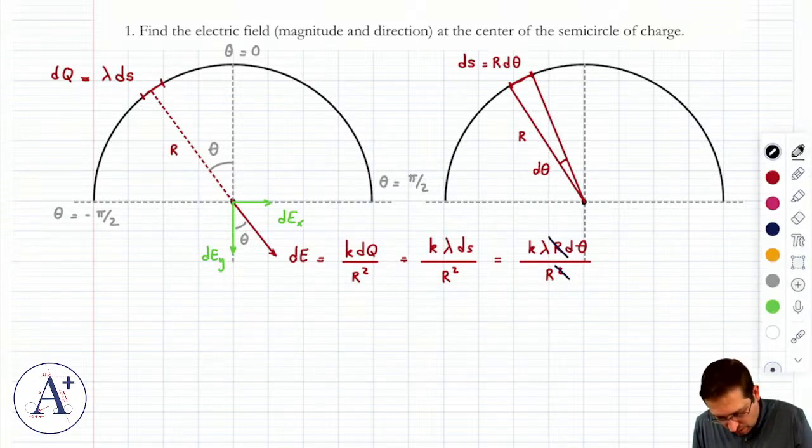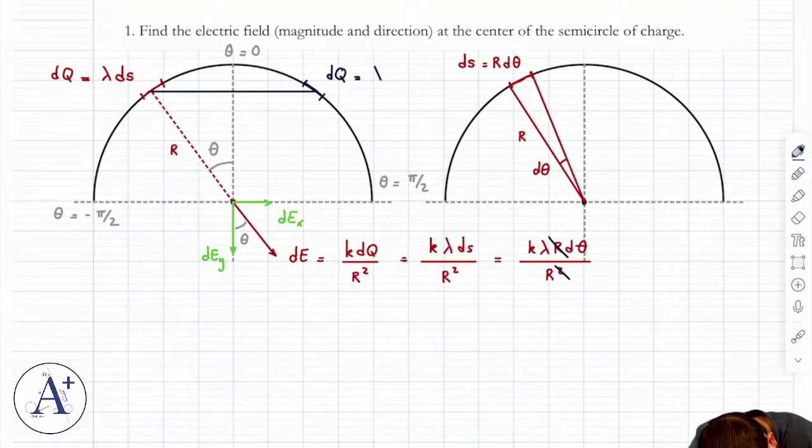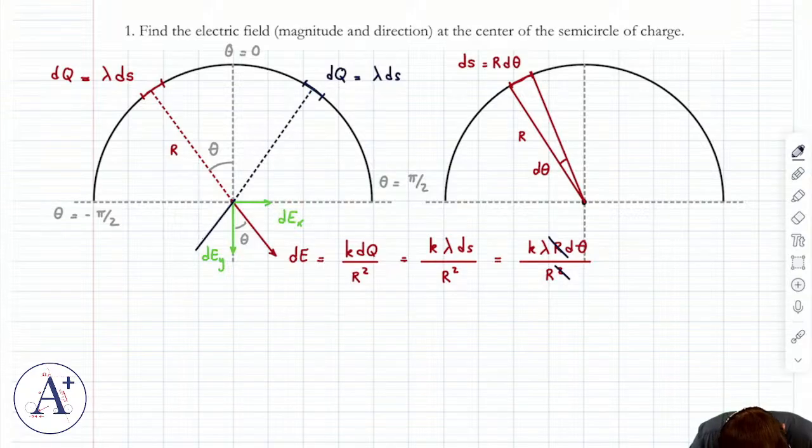Okay. So what we'll do is the following. We will take, on the other side here of the semicircle, an equivalent slice with charge dq is lambda ds. And this equivalent slice will create an electric field with the exact same magnitude right here.